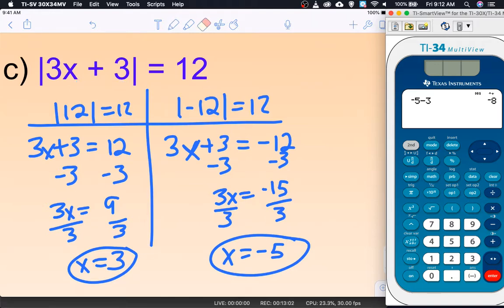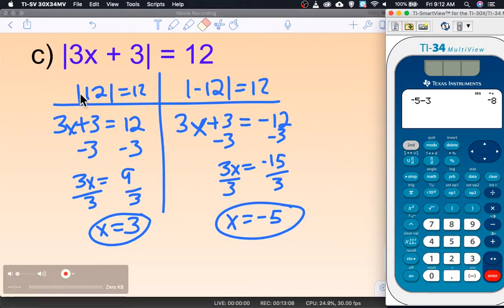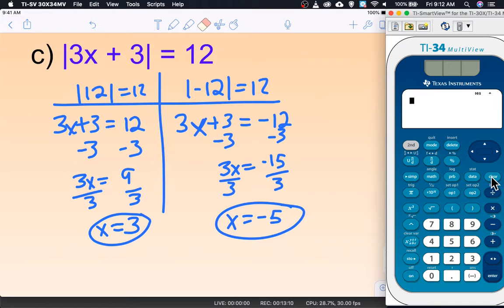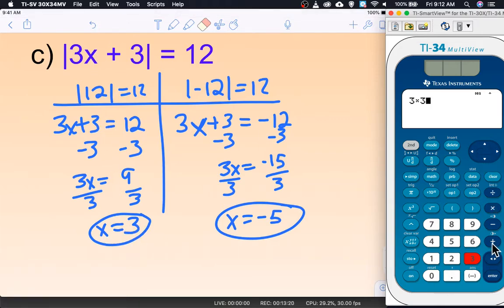And if you're unsure of your math, you could always check it. I can check just by throwing numbers into my calculator quick. Here we go. So if I take clear, 3 times, I'm basically going to throw 3 in right here. 3 times 3 plus 3 is 12.